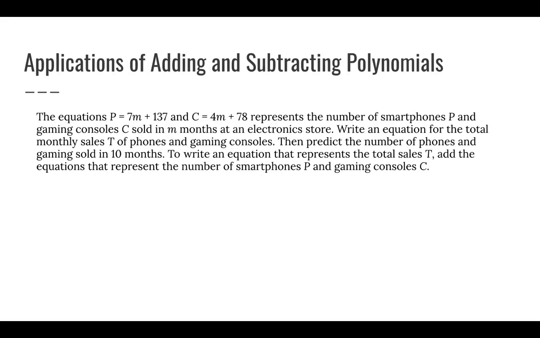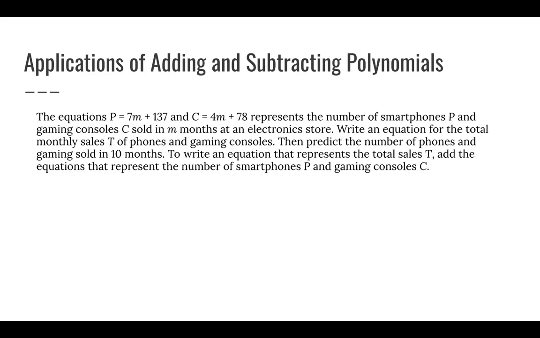Applications of adding and subtracting polynomials. The equations p equals 7m plus 137 and c equals 4m plus 78 represents the number of smartphones p and gaming consoles c sold in m months at an electronics store. Writing the equation for the total monthly sales t of phones and gaming consoles, then predict the number of phone and gaming systems sold in 10 months.